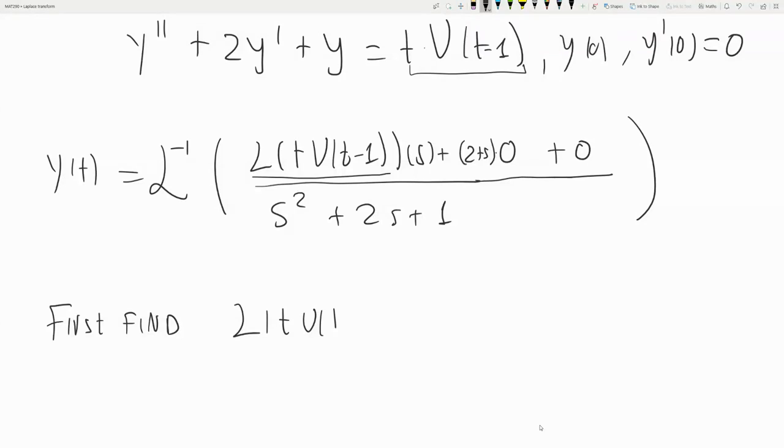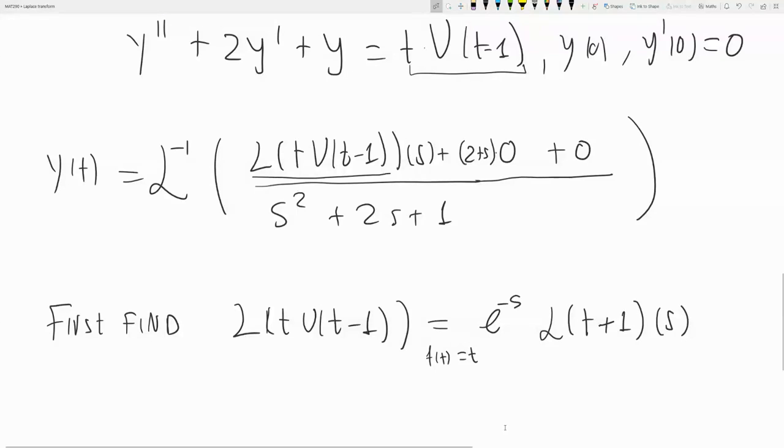So we use the translation theorem, right? So for f of t equal to t, we get e to the minus s, and then Laplace transform of t plus 1. So let me call it plus 1.